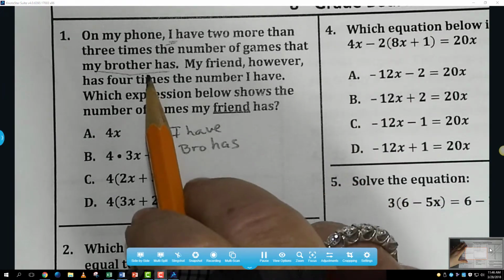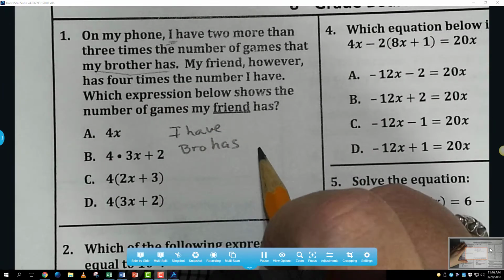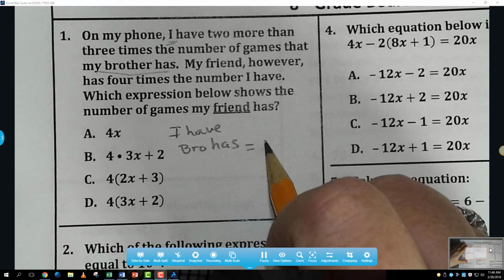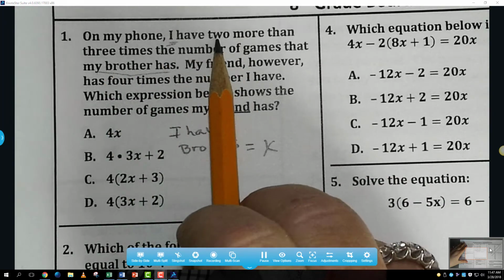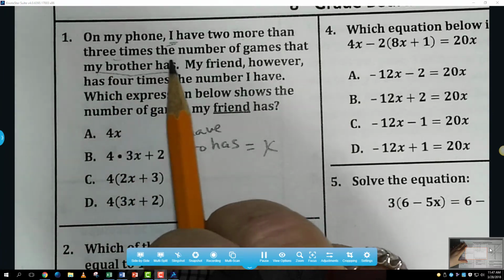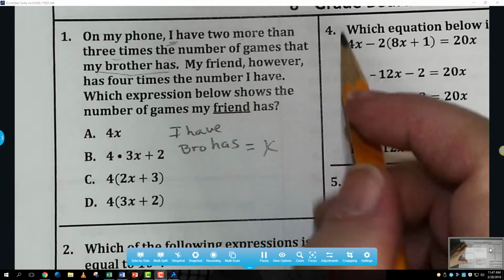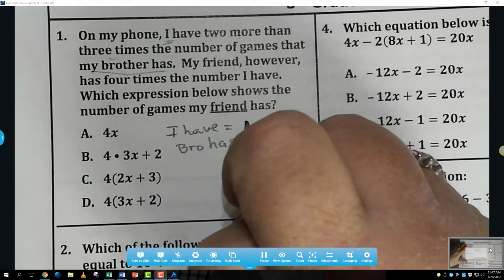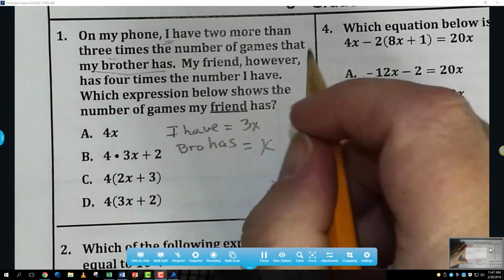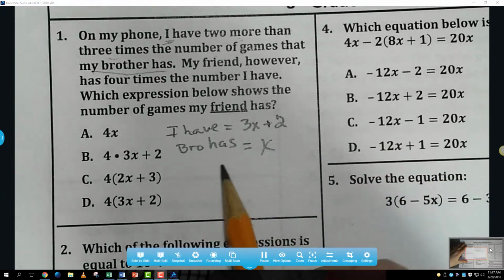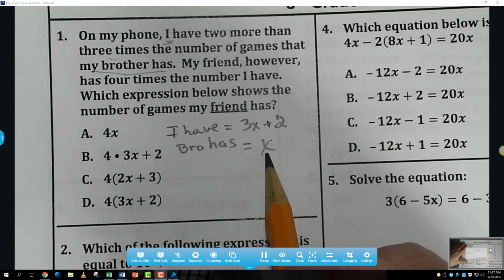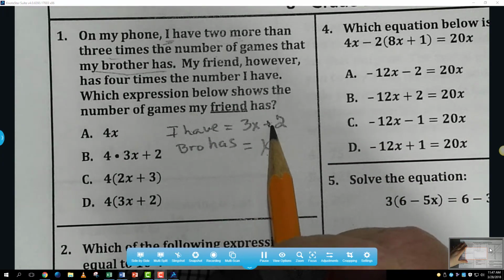It doesn't tell me how many my brother has, so I'm going to say that my brother has X. But it does tell me that I have 2 more than 3 times the number that my brother has. So I have 3 times what my brother has and 2 more, and the brother has X. So 3X plus 2.